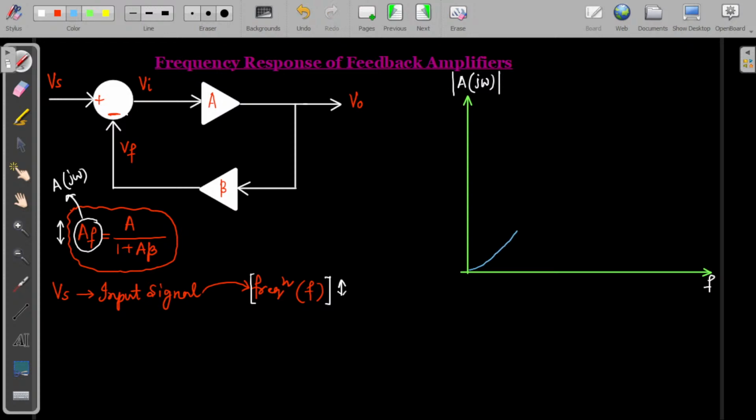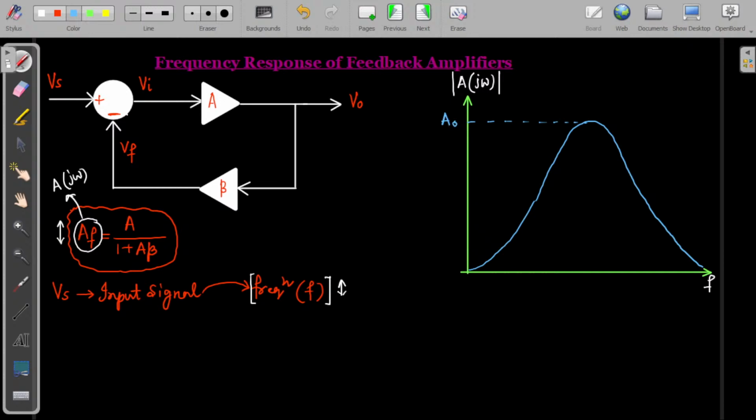It will be a simple bell shape like this. So this will be the frequency response of every feedback amplifier using negative feedback. So the highest gain, what is the highest gain we are achieving? Let us say the highest gain value is A0.